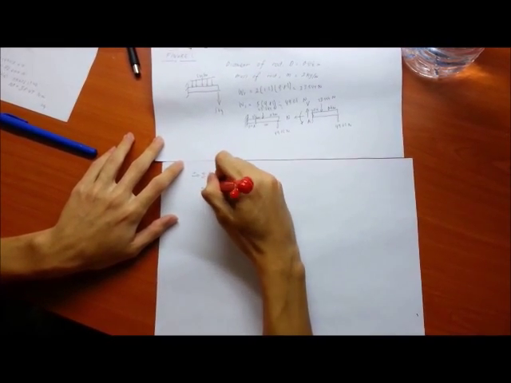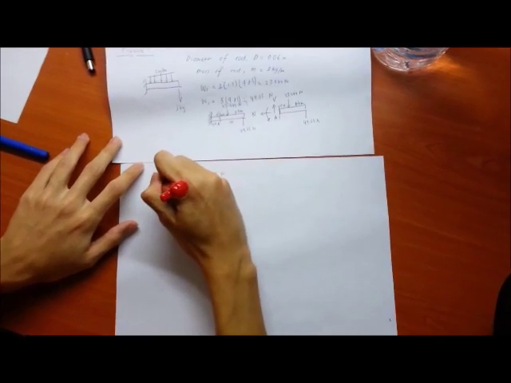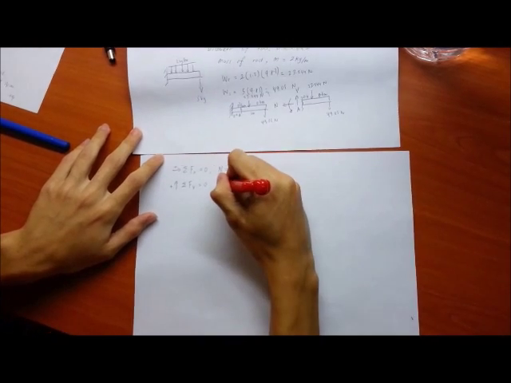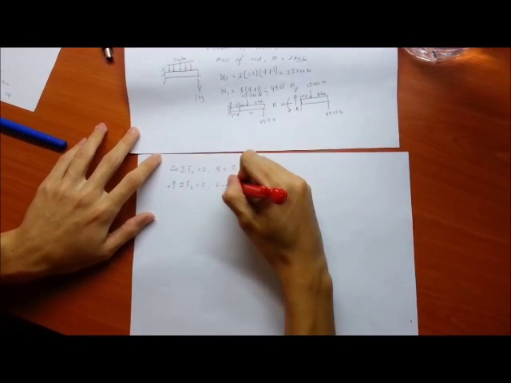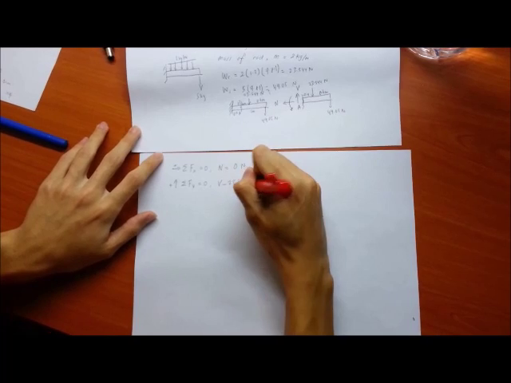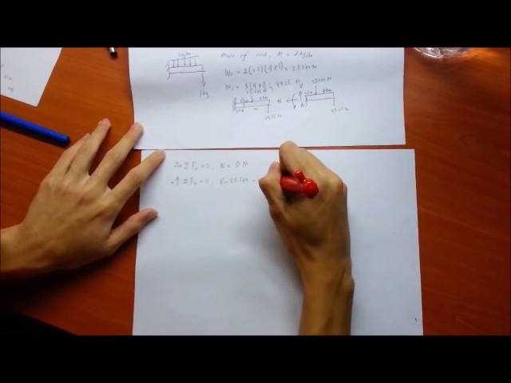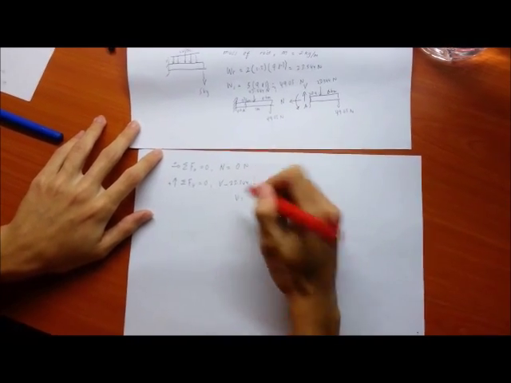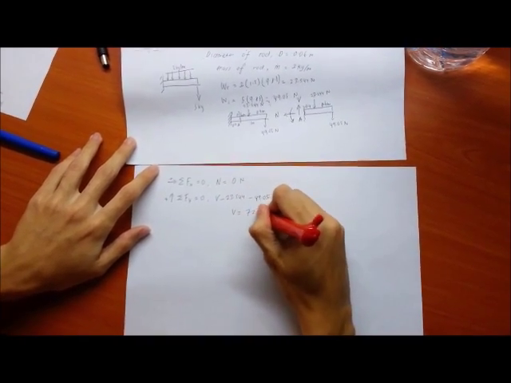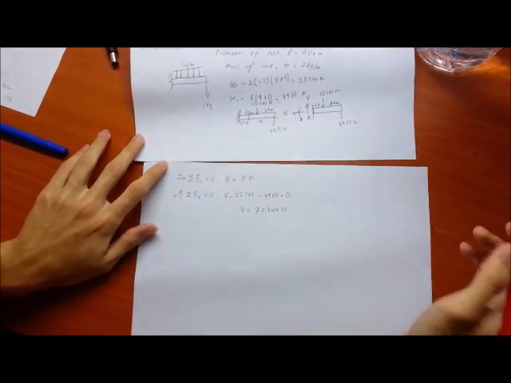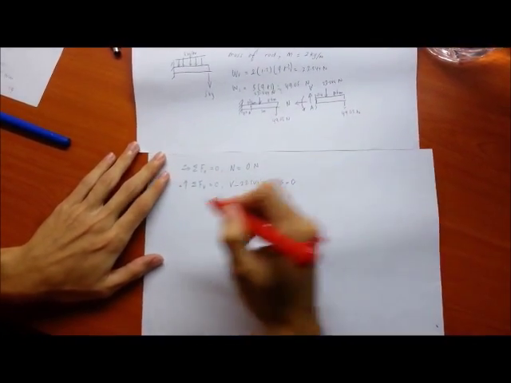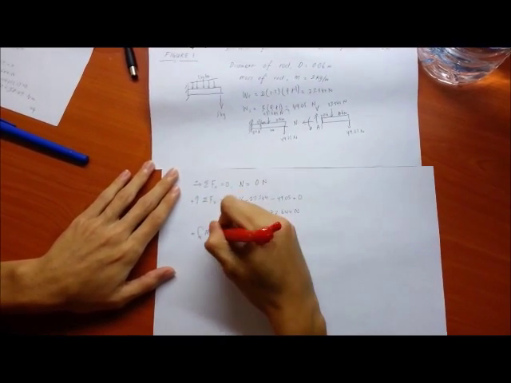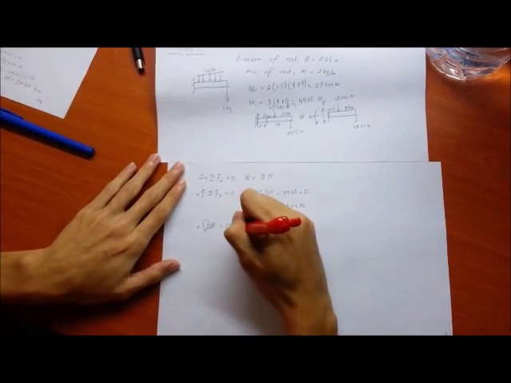Then we find the Y. The sum of forces in Y, positive up, equals 0. V minus 23.544 minus 49.05 equals 0. And then we get the value of V is 72.644 Newton. And then we find the moment. We take anti-clockwise as positive, sum equals 0.